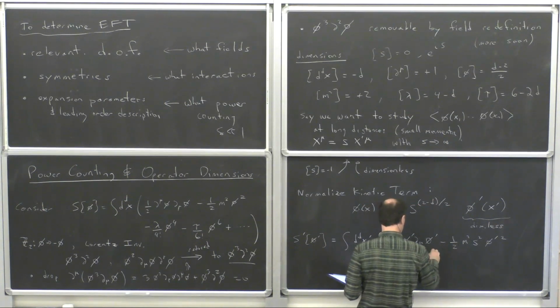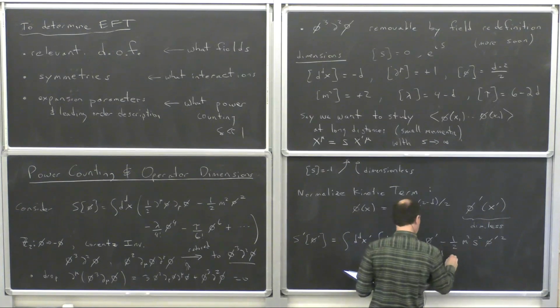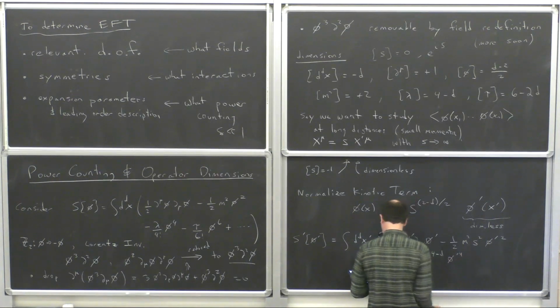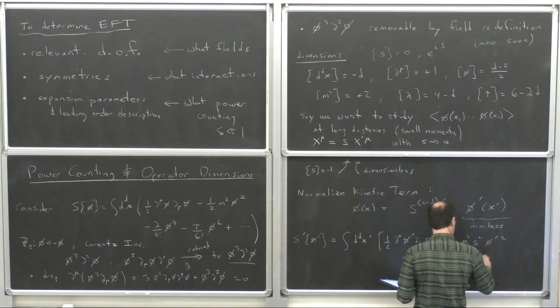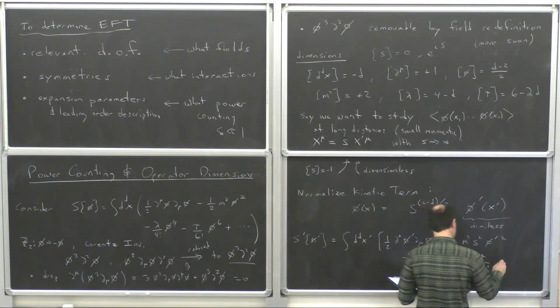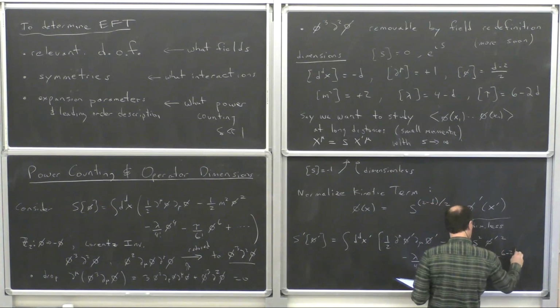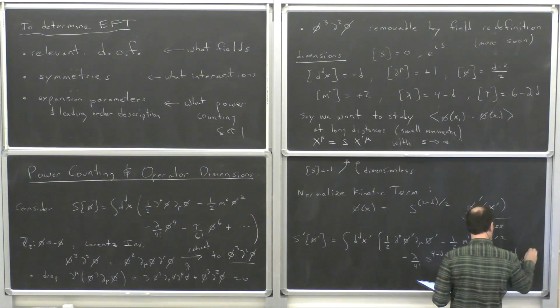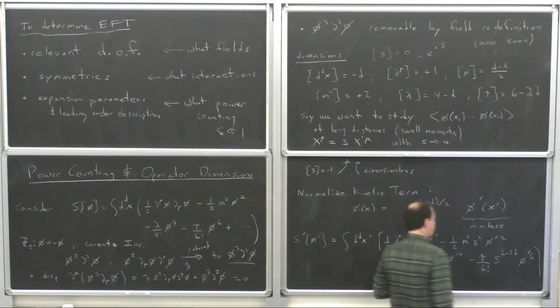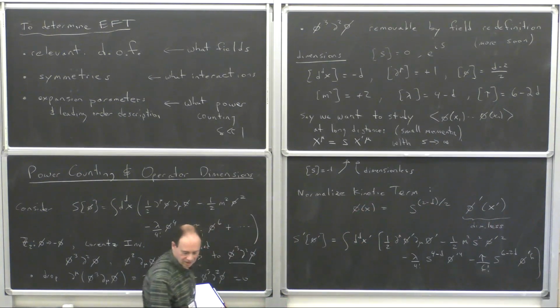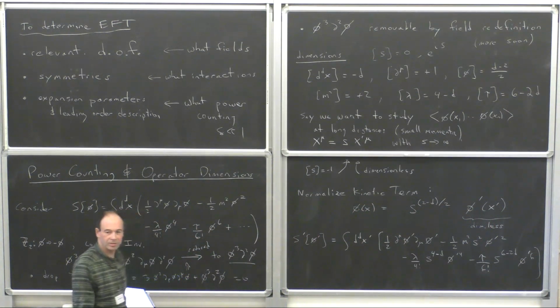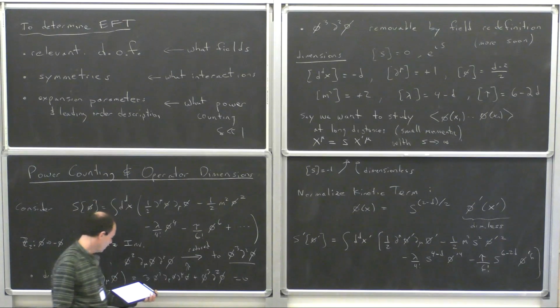So we just go through this and do it systematically, writing everything in terms of phi prime now. And we get this action. It's the same theory. We haven't really done anything. We just changed variables, right?